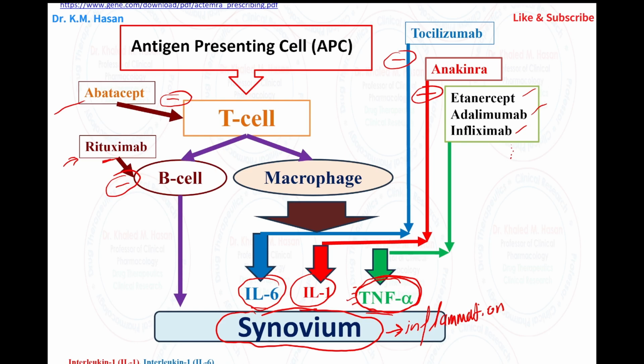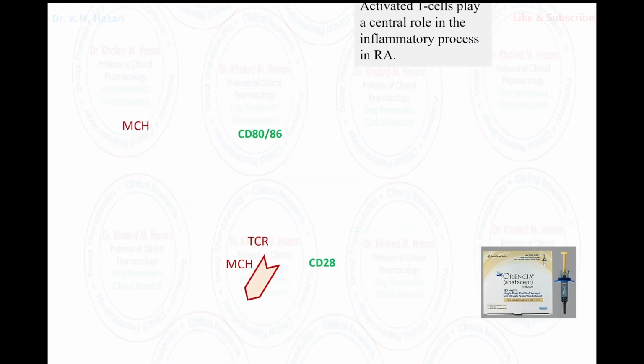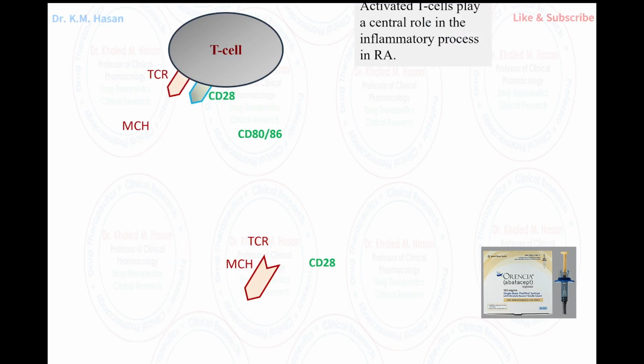Okay, this slide here presents the medication drugs used for rheumatoid arthritis, the site of action of these drugs, and the mechanism of action of these drugs. Regarding the abatacept mechanism of action, you can see we have the T cell, and on the T cell we have CD28 attached, and at the same time we have the T cell receptor.